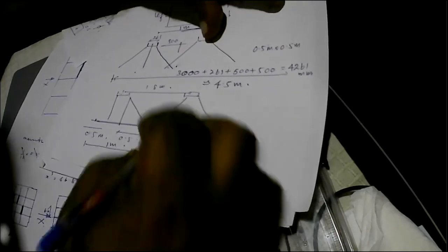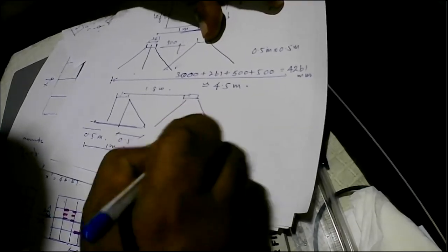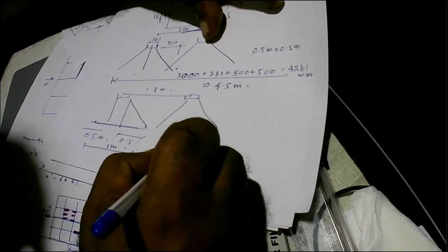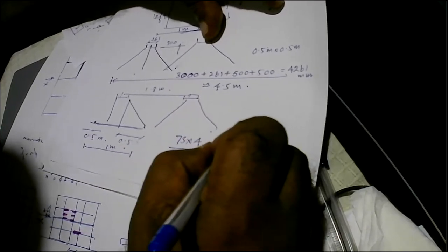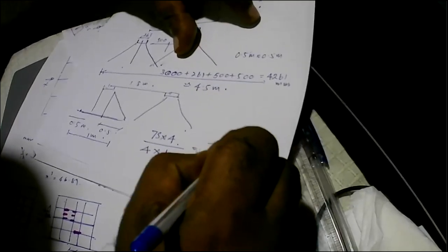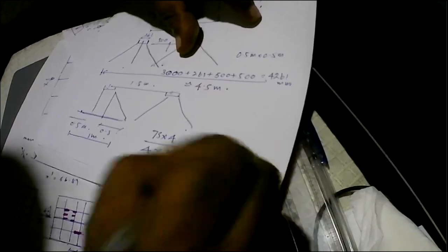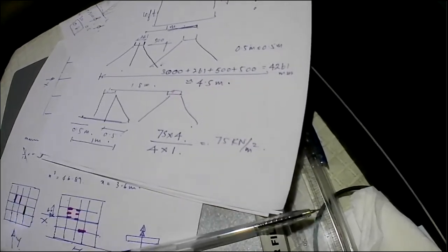So you have 4 wheels, 75 into 4, divided by 4 and 1. So you get 75 kilonewtons per meter squared load acting on it.